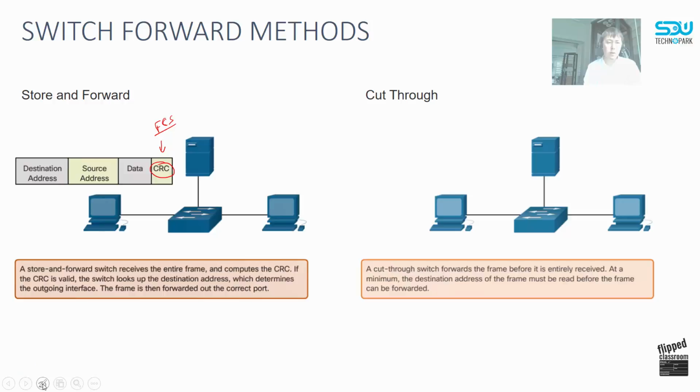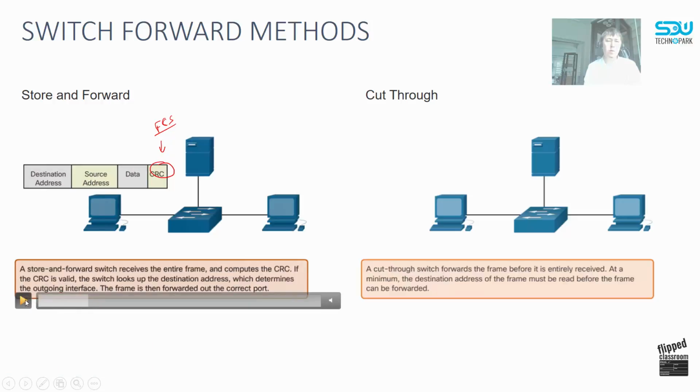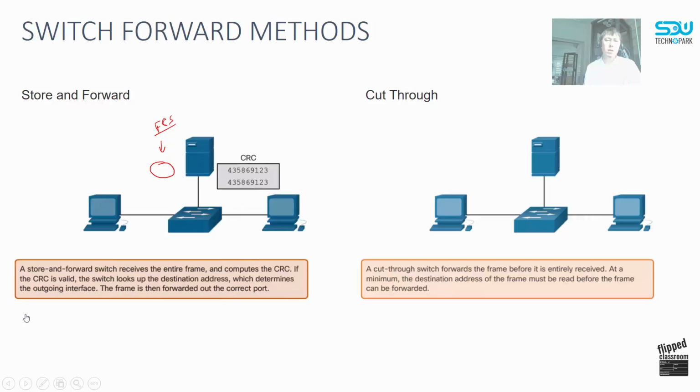Now when the switch receives the frame, if it is working with the store-and-forward method, the switch fully receives it and stores it in buffer memory to check whether the frame is damaged or not. How can it check it?